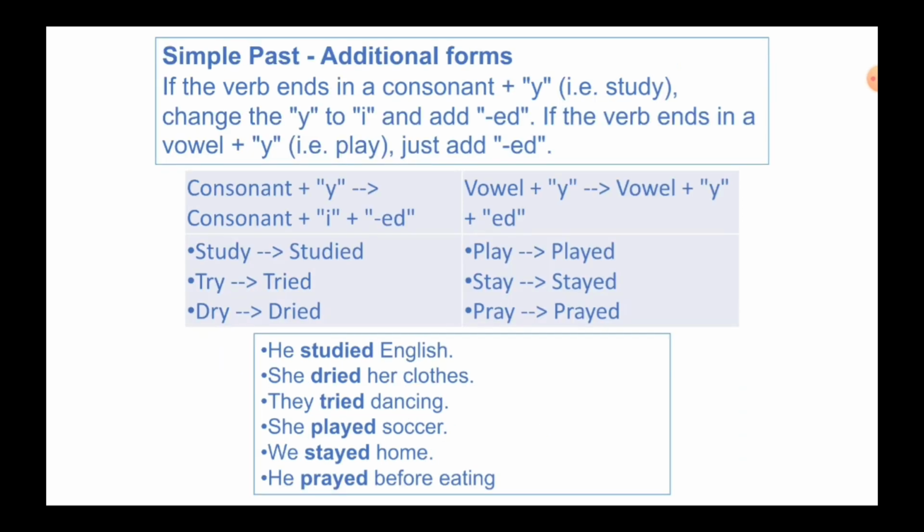Simple past, additional forms. If the verb ends in a consonant plus Y, that is study, change the Y to I and add ED. If the verb ends in a vowel plus Y, that is play, just add ED.